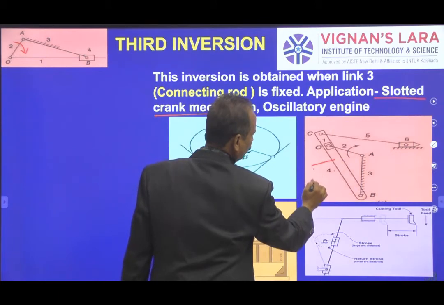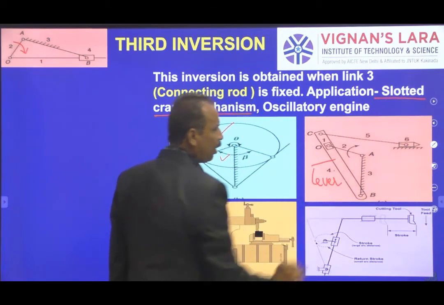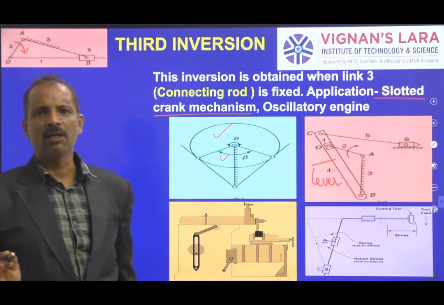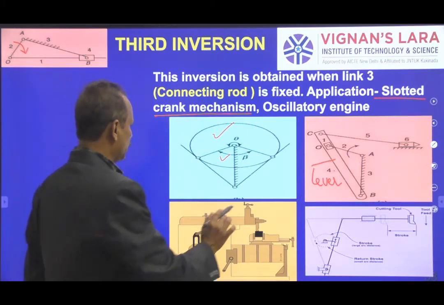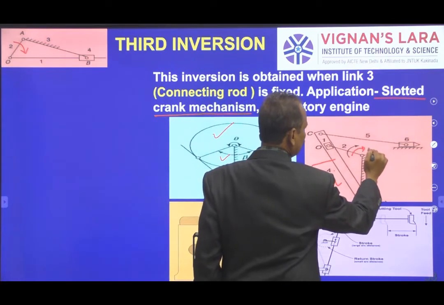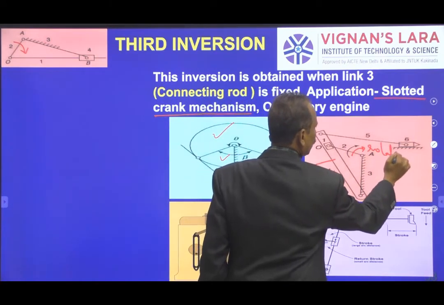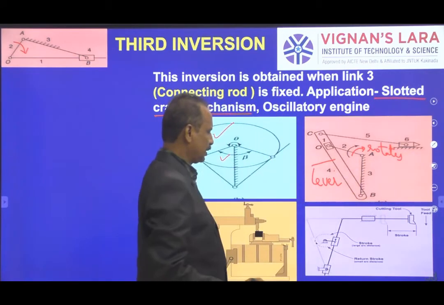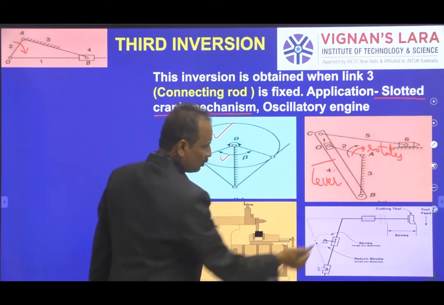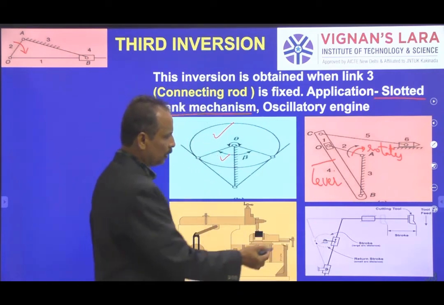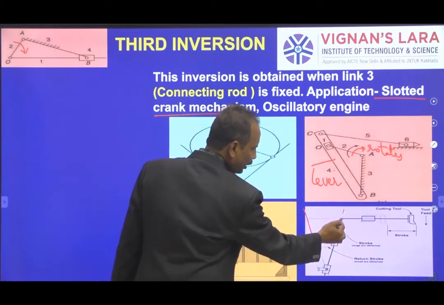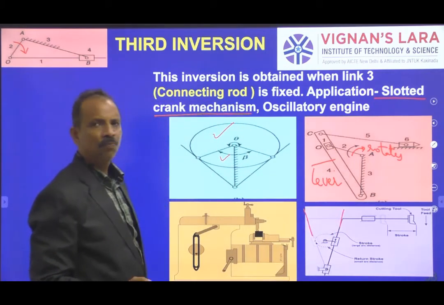When you rotate the second link, then this slider is reciprocating in a slotted lever. This is called lever. Recall yesterday's lecture, what we called a lever. Lever is one which oscillates. That means in this mechanism, when this crank rotates, then this lever oscillates. So these are the two extreme positions you can see here. There is one more diagram I am clearly showing. So this is one extreme position and this is the other extreme position.